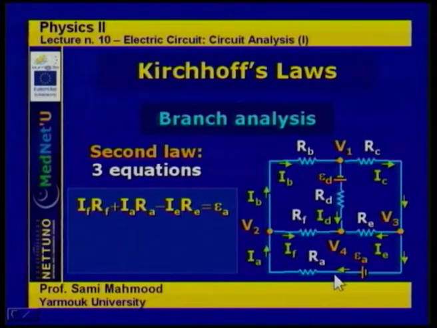On the other hand, the voltage drops across the resistors are simply IA RA plus IF RF minus IE RE, because here we are going against the current, so we are opposing the current and the sign is negative. So this is from the first loop.